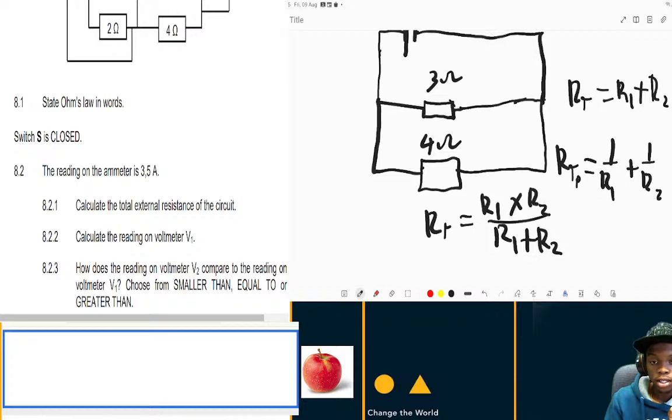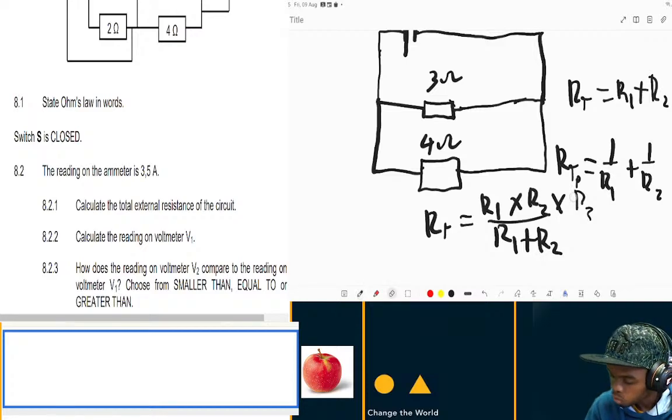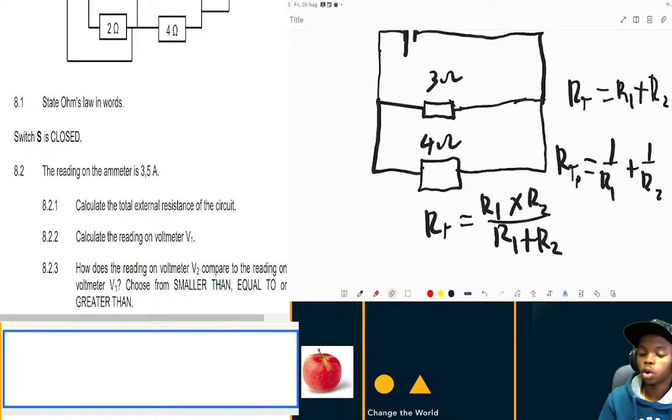You don't do it with more than 2 resistors. So if it's more than 2 resistors you want to calculate, it's better to go with the other formula.